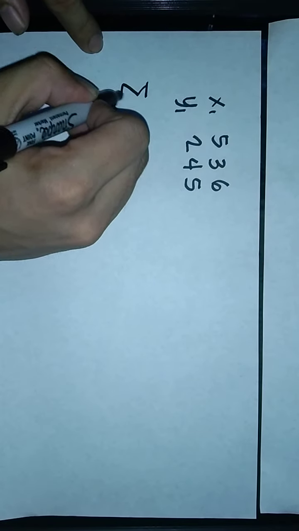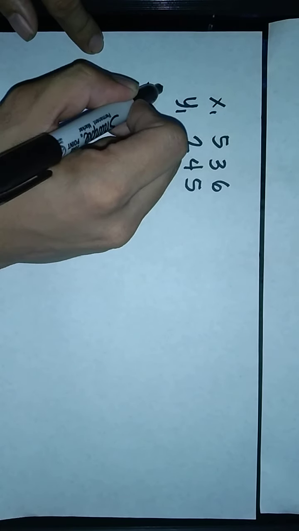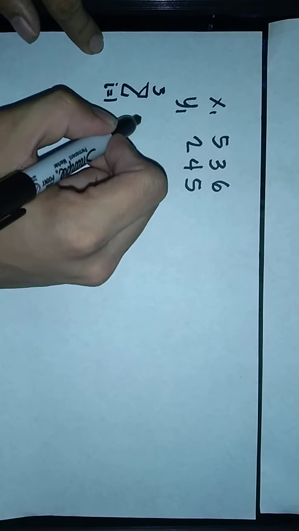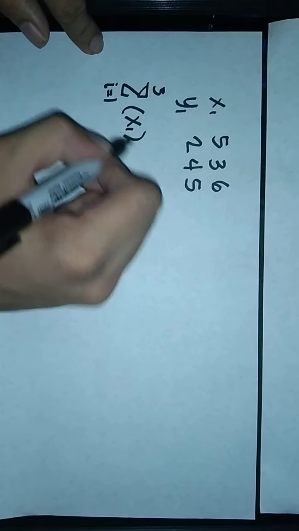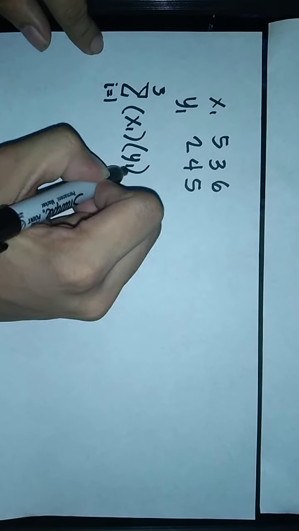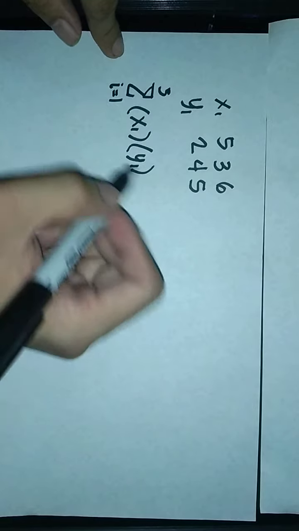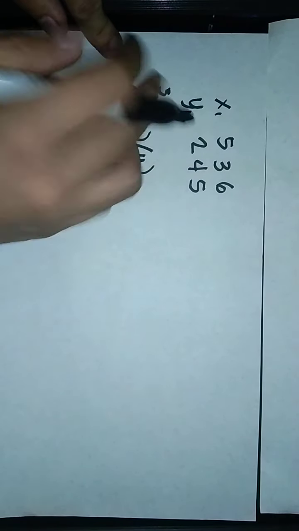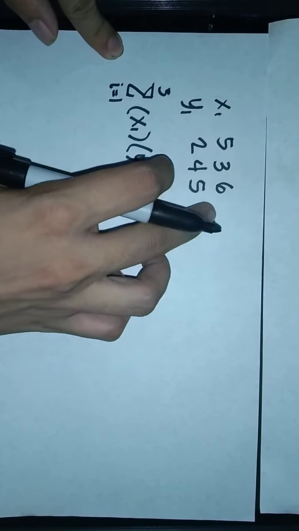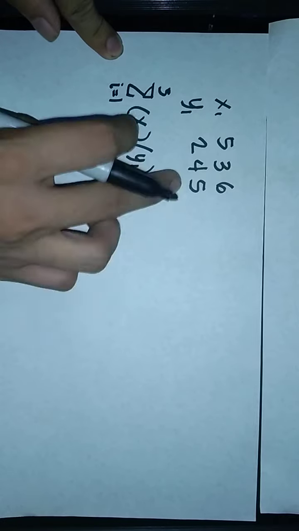summation, I is equal to 1, tapos 3 ang kanyang upper boundary. We have x sub I multiplied to y sub I. So mangyari doon, kukunin muna natin yung sum ng ating x sub I, and then yung sagot doon ating i-multiply sa sum ng y sub I natin.